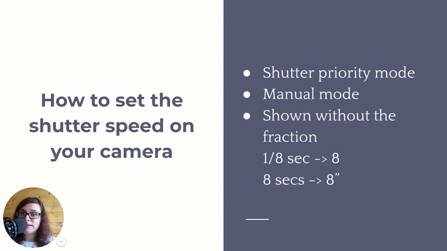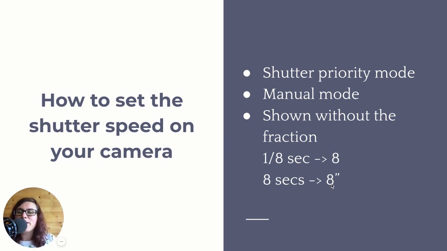On most cameras, for a lack of space in the display, the shutter speed is not shown as a fraction. So you won't see 1/8. You will only see the number 8. But the number 8 or 16 or 250 or whatever number you see, that is generally the fraction. So if you see 250, you're not shooting at 250 seconds, you're shooting at 1/250th of a second.